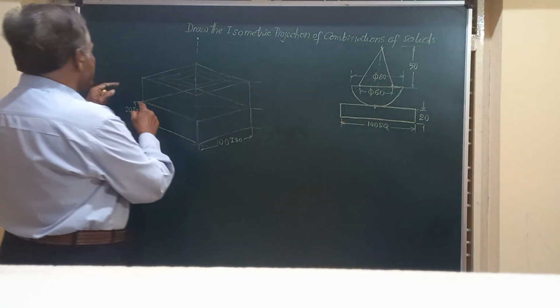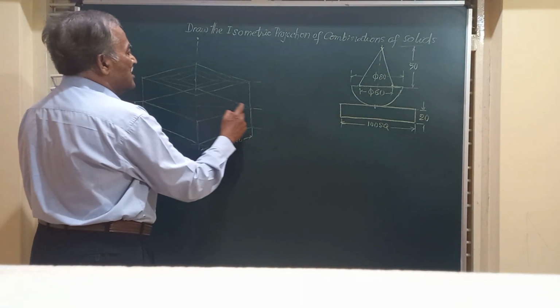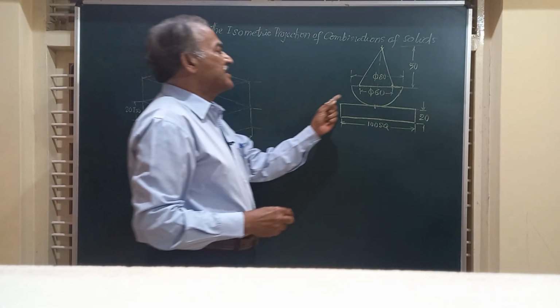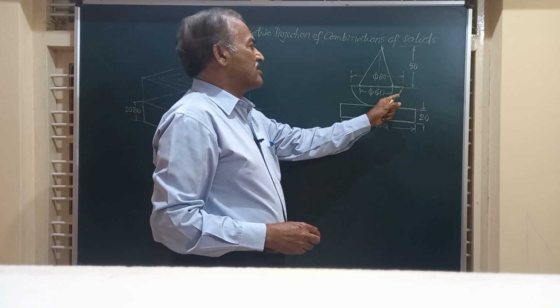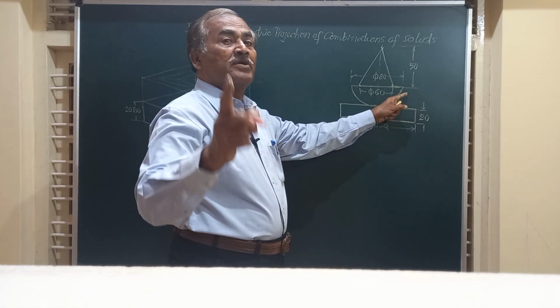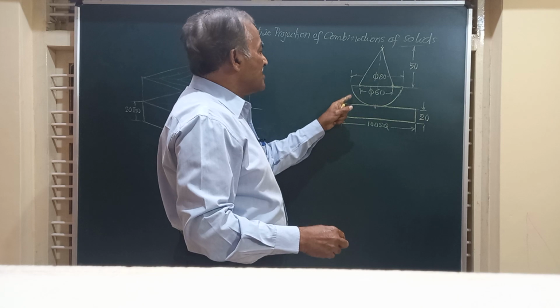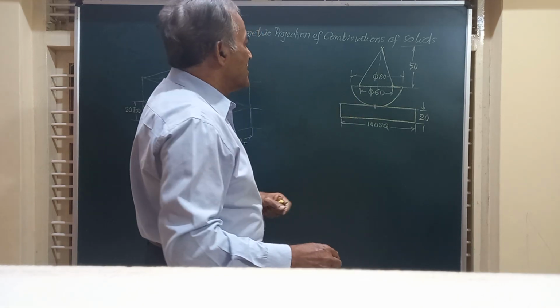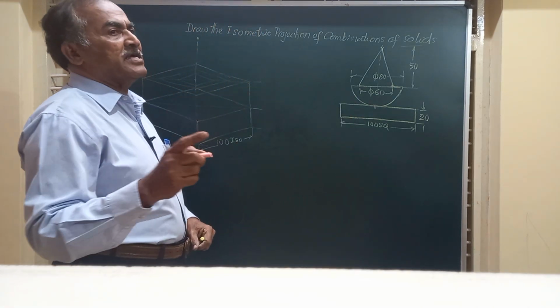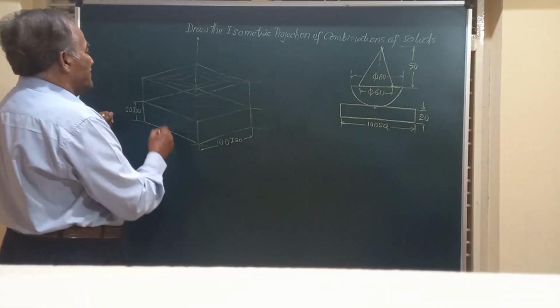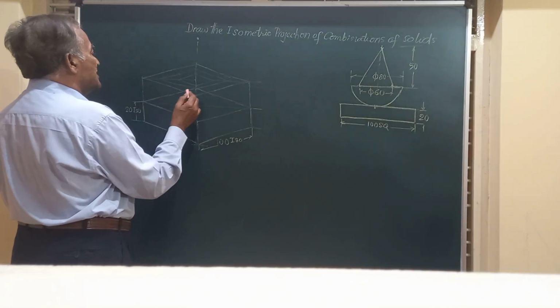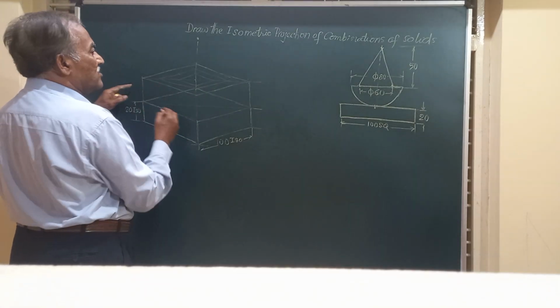So from here, at all these points, I should take a height of 40 millimeter. That is the isometric height, that is, this 40 millimeter height is to be multiplied by 0.815.